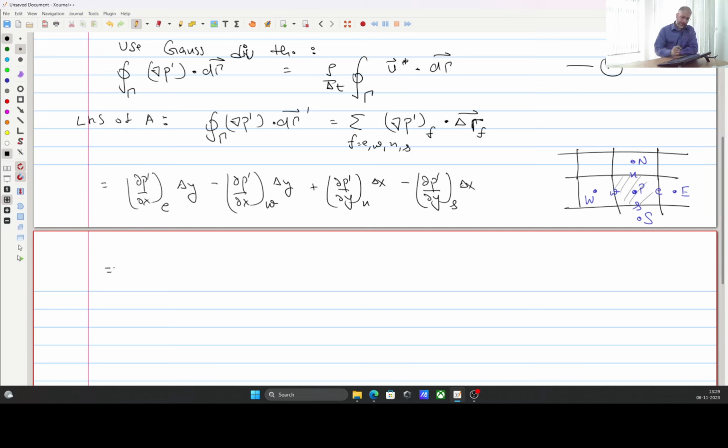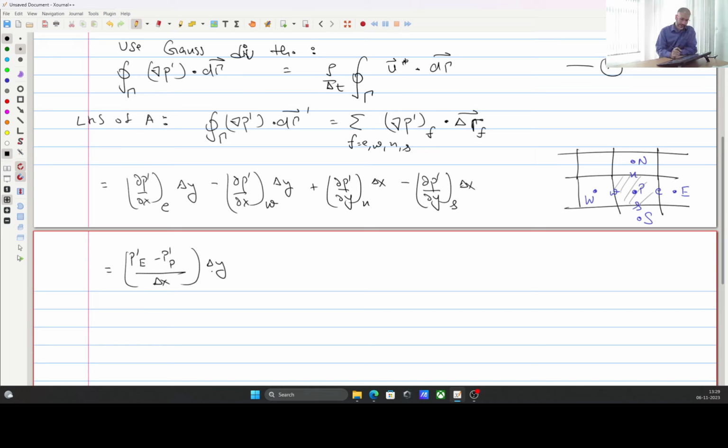So this time we will discretize this as well. So del p prime by del x on the eastern face can be written as p prime on the eastern node, capital E, minus p prime at the control volume node, that's capital P, divided by delta x, times delta y.